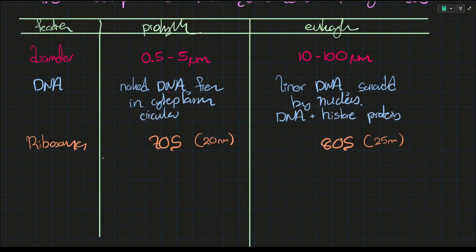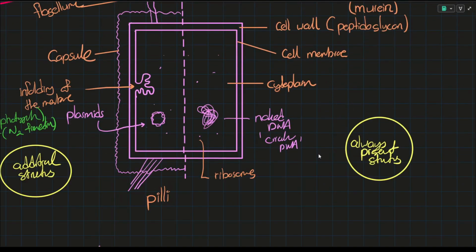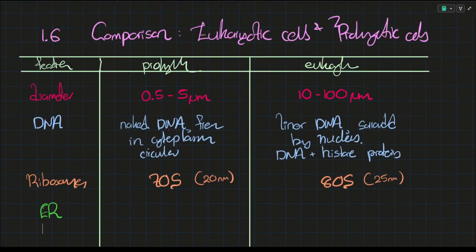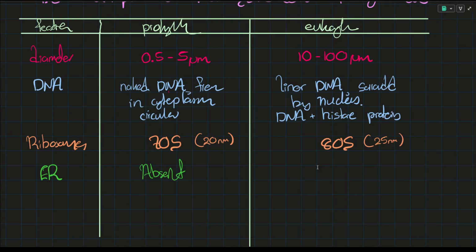Next, endoplasmic reticulum. What do we have to talk about the endoplasmic reticulum? Whenever I drew a prokaryotic cell, did you find an ER? I do not think so. Prokaryotic cells are not complex enough to have endoplasmic reticuli.